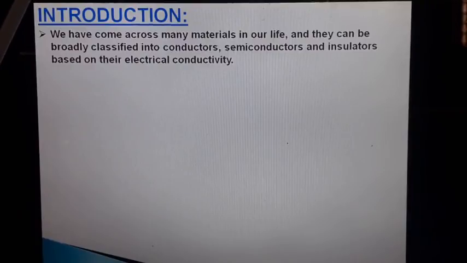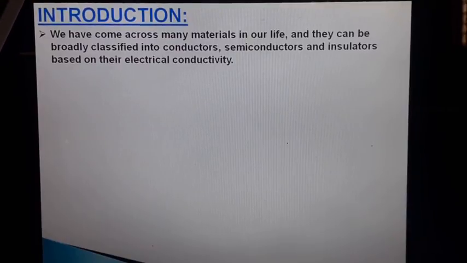In our real life, we use a lot of electronic items in my house, appliances and gadgets.